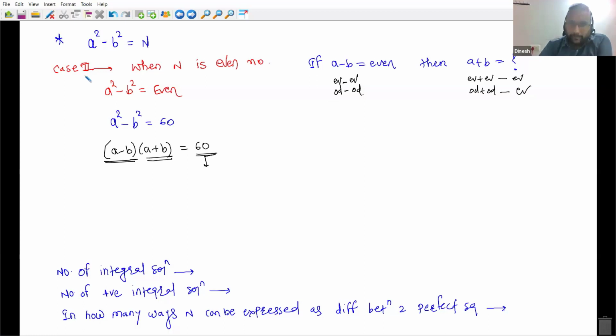So look here. The product of these two brackets is equal to an even number. It means one of them has to be even. Can I say if the first bracket is even, the second bracket has to be even? Similarly, if the second bracket is even, then the first bracket has to be even.